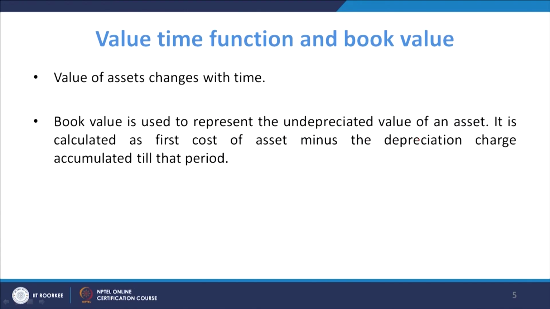In a standard manner we talk about the book value, which represents the undepreciated value of the asset. It is calculated as the first cost of the asset minus the depreciation charge accumulated till that period.